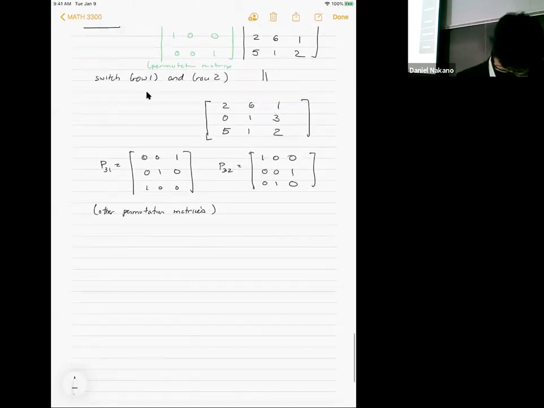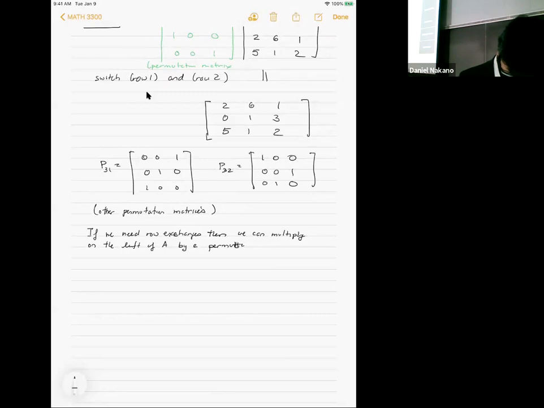So if we need row exchanges, then we can multiply on the left of A by a permutation matrix, call it P. Okay, that does row exchanges.